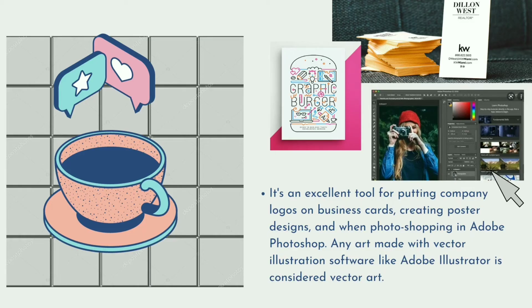It is an excellent tool for putting company logos on business cards and creating poster designs. Any art made with vector illustration software like Adobe Illustrator is considered vector art.